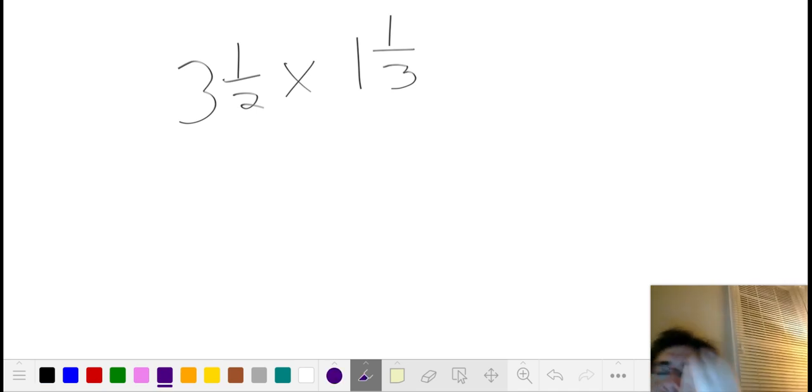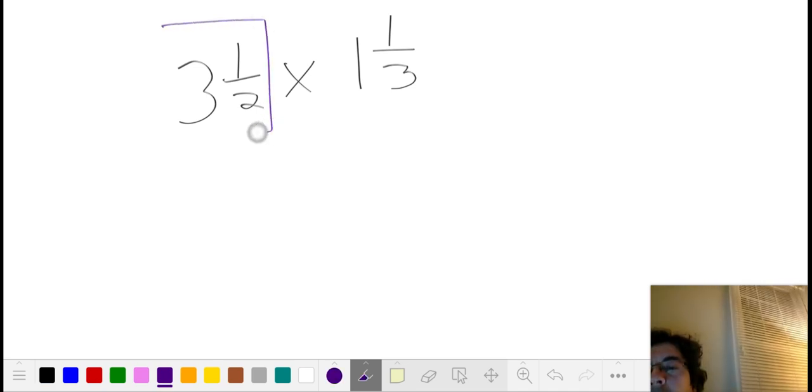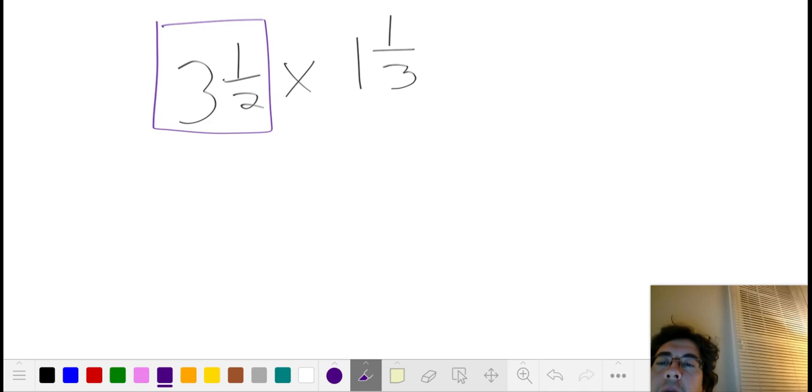So to turn 3 1/2 into an improper fraction, first thing I'm going to notice is I have 3 wholes. So I'm going to rewrite 3 wholes as fractions, but I'm going to use this 2 here as the denominator.